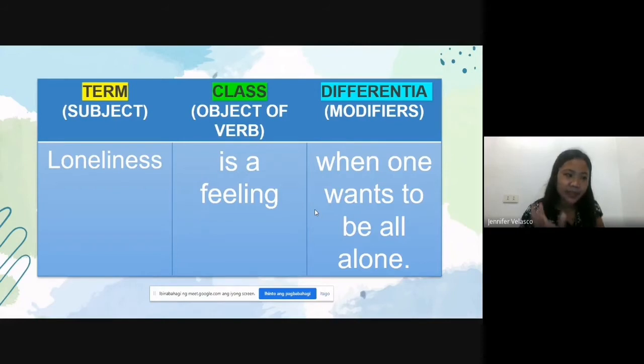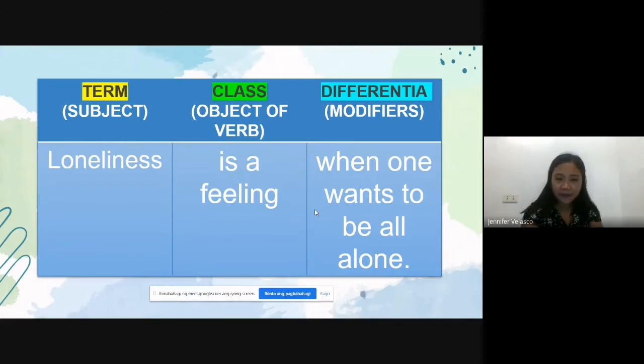When there are two subjects, there is the word and, what we call compound subjects. And the object or the class, a feeling, could also be plural. When that is plural, you use are, or in the past tense, were. Loneliness is the subject, is a feeling is the class. And the rest is what you call differentia.